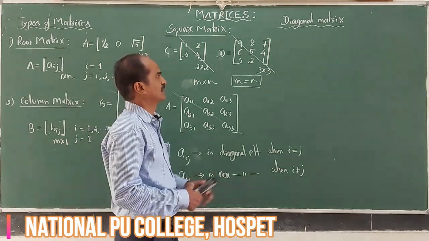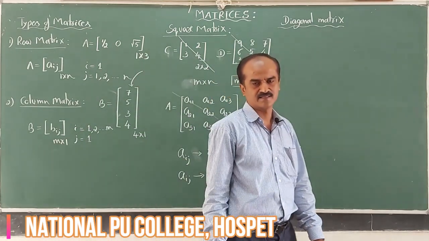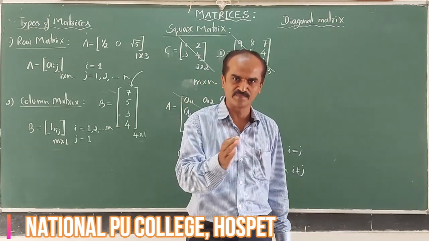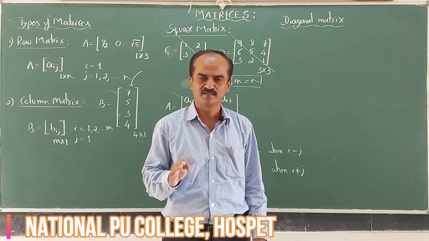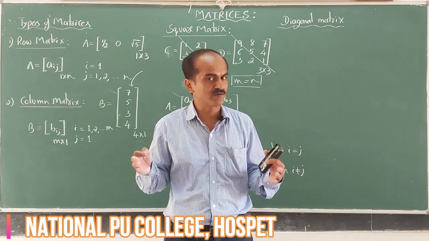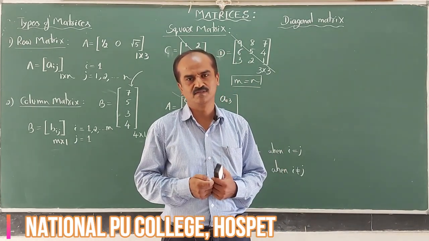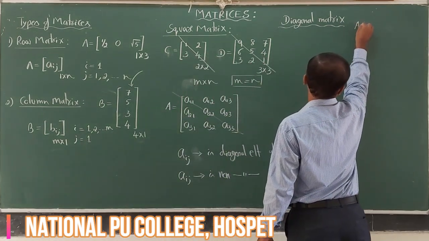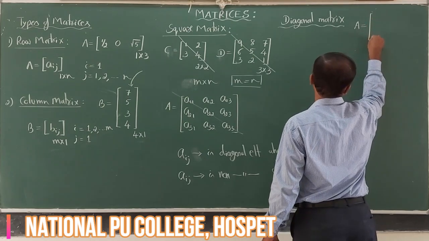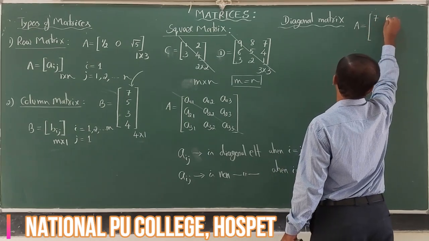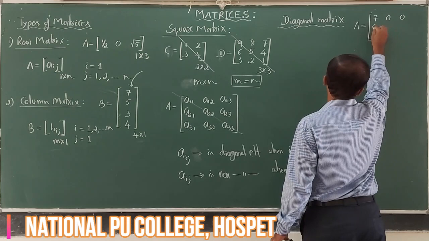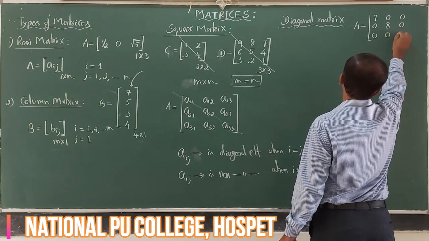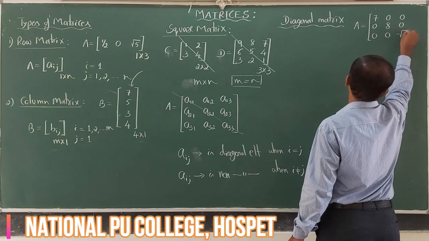Okay. What is this diagonal matrix? Diagonal matrix is basically a square matrix in which non-diagonal elements are all 0. Write an example for this. Say matrix A equal to, I write 7, 0, 0, 0, 8, 0, 0, 0, minus root 2.